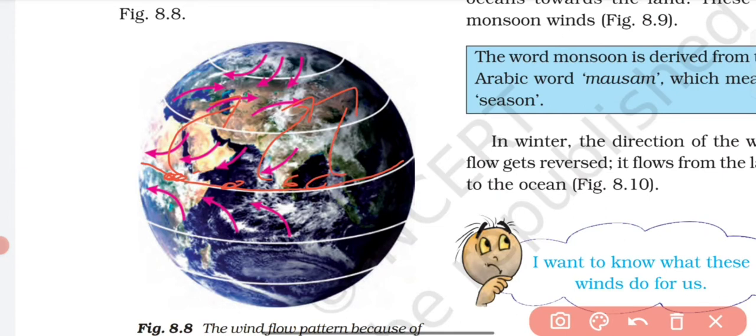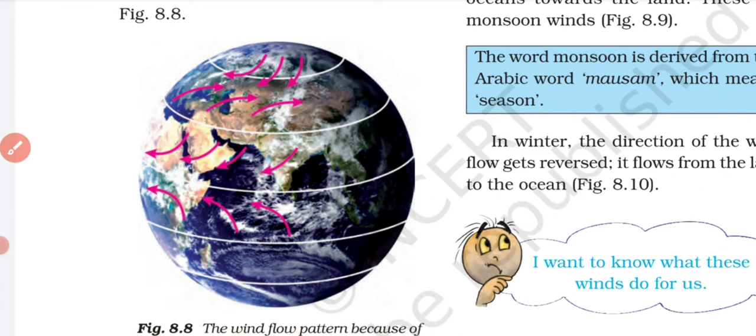When it rises up, what will happen? It will create a low pressure area, and due to that, whatever air is present in the polar region will rush toward the equator from both sides. So this creates wind currents. This is how wind currents are generated due to the uneven heating on earth.